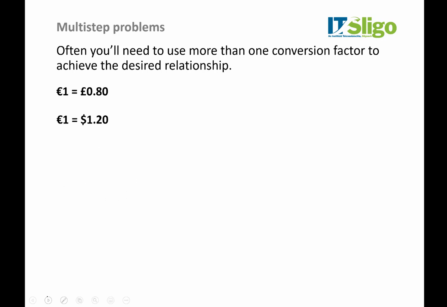So say we're given €1 is 80 pence sterling and €1 is $1.20. Here in the question we're asked to change $360 into sterling, but we've no conversion rate for dollars into sterling.